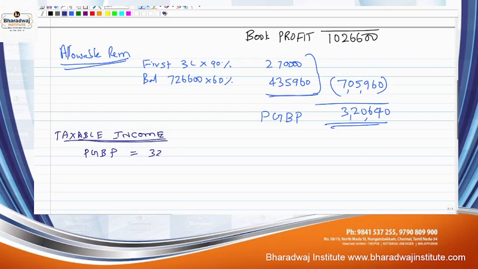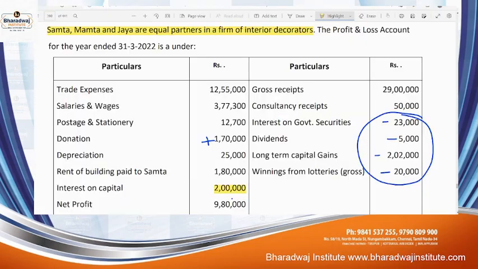PGBP 3,20,640. Where in it? Capital gain, long-term capital gains. LTCG, how much is there? Credit side P&L account they have given. Yes, how much is there? 2,02,000.